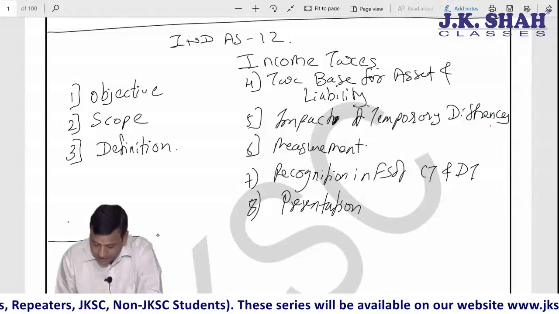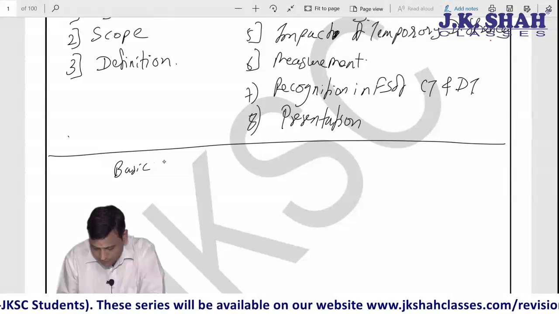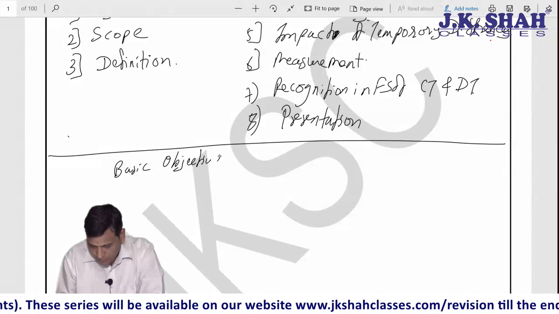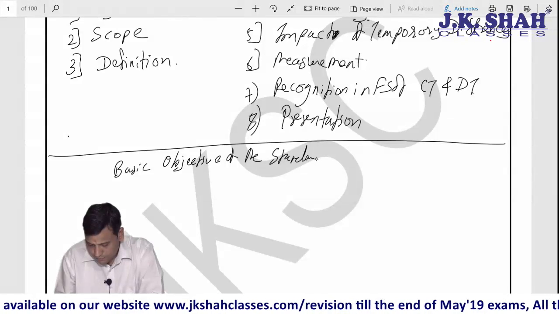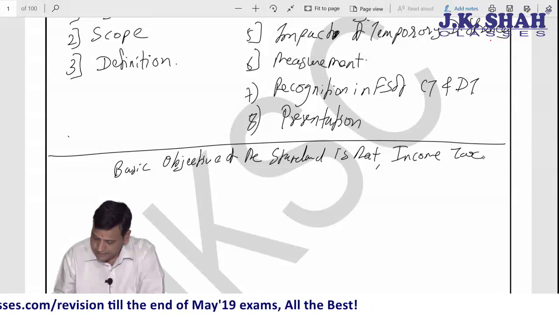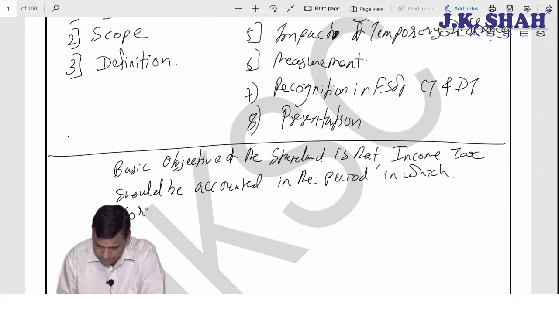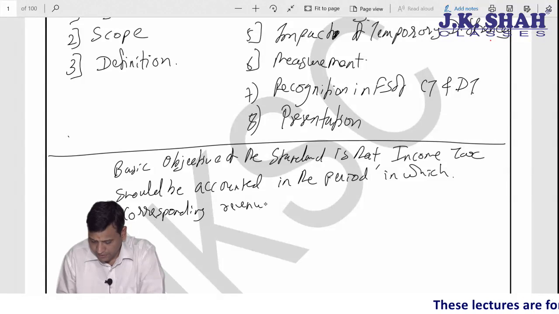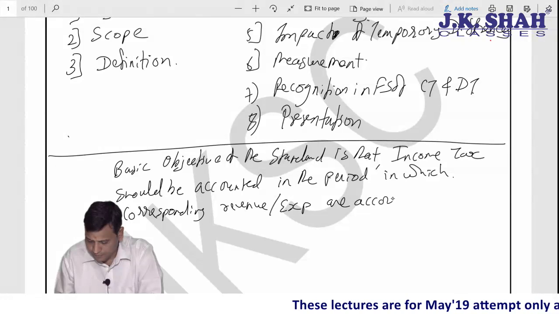So, what is the objective of this accounting standard? The basic objective of the standard is that the income tax be paid in the period in which the corresponding revenue or expense is accounted.